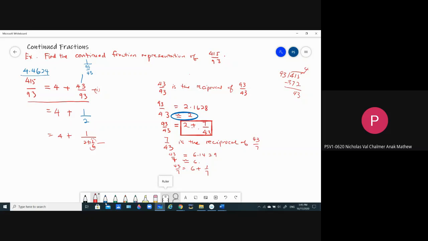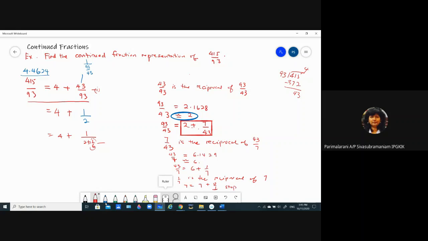I think I can understand. Okay, let me just finish it first. Now we have 1 over 7 here, which is the reciprocal of 7. But 7 is equal to 7 plus 0. No more remainder here, so we don't need to continue anymore.